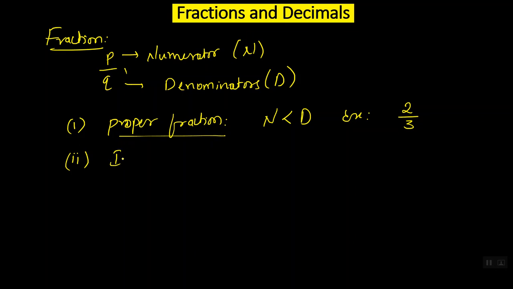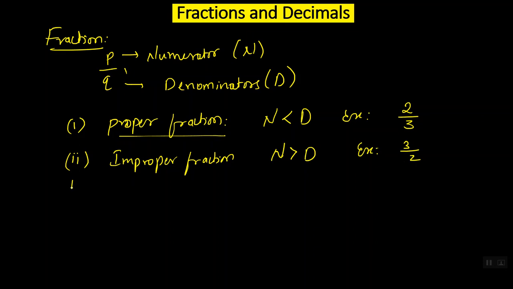Another one is the improper fraction. An improper fraction is exactly the opposite, whose numerator is greater than the denominator. Example, 3/2. This is called an improper fraction.